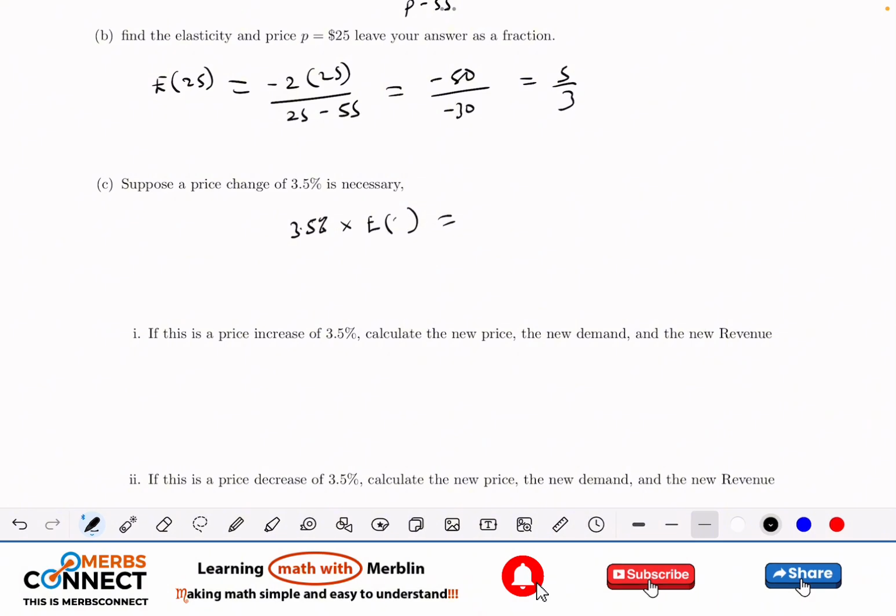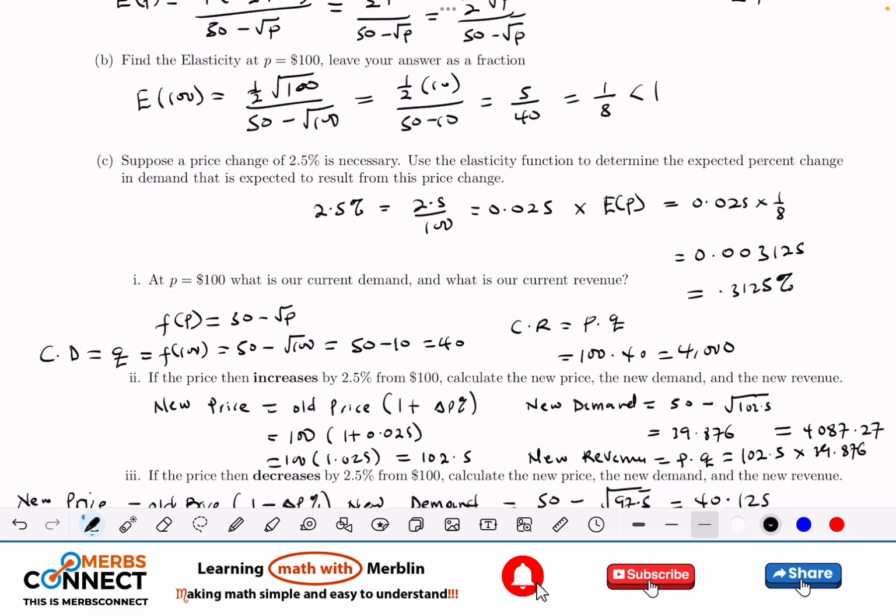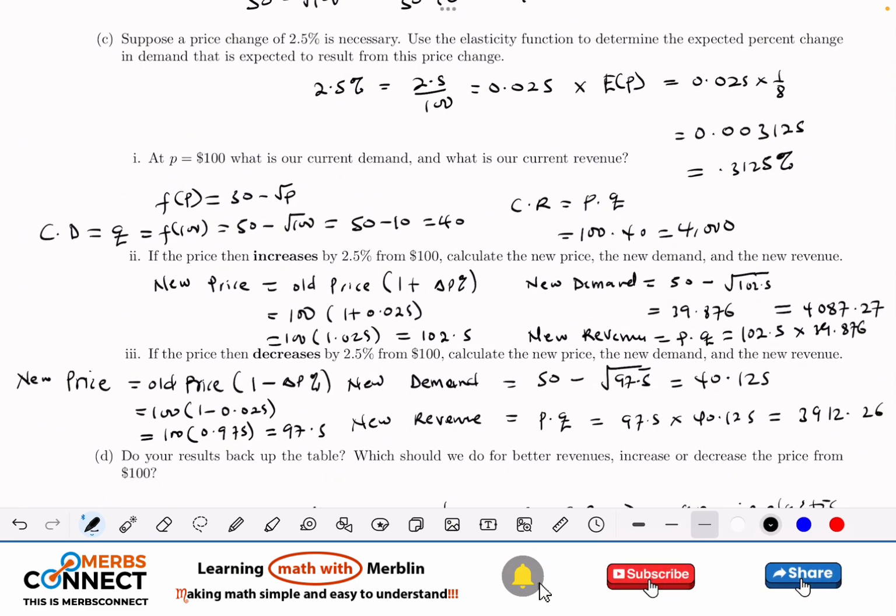So this one should be 25, which is 3.5% of 5 divided by 3, right? So you can just do it from there, then you continue. So I'll stop from here so that you can do the rest. So the rest depends on everything that we've done here.